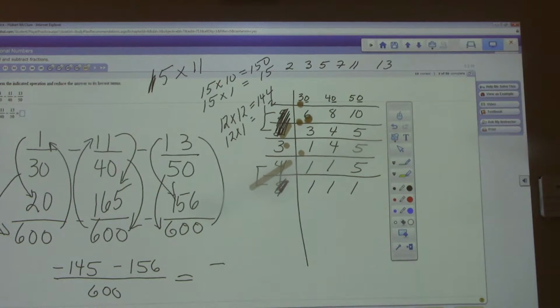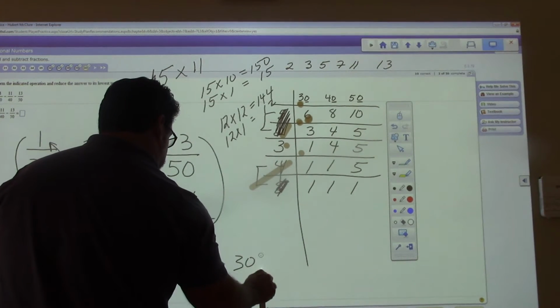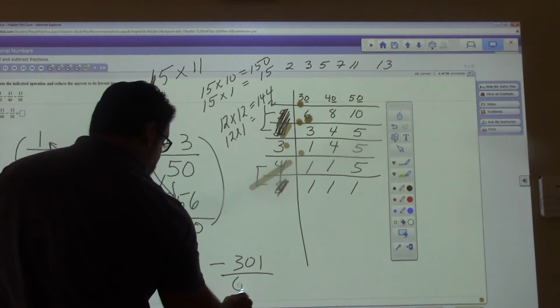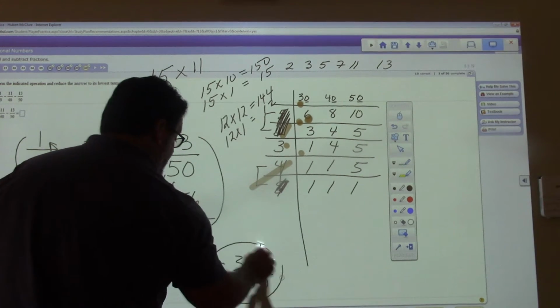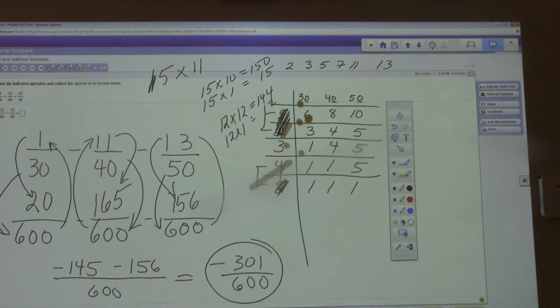What is it? 301? And then check. I don't think it's reducible, but that's about a half. That's about 0.5, because 300 over 600 is 0.5. So your answer is going to be negative 0.5 something.